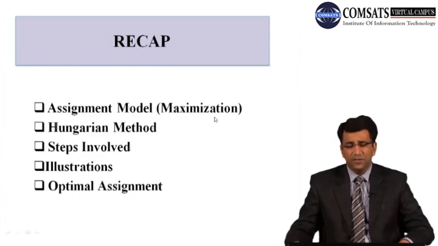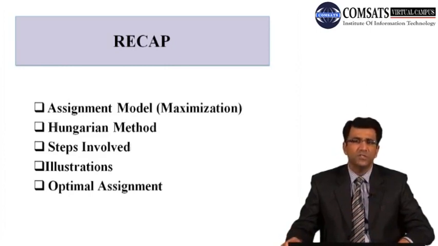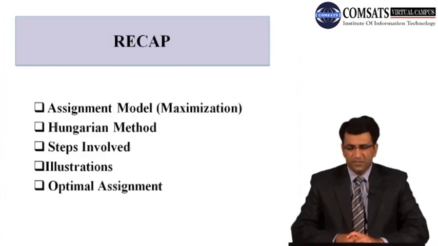Another very important thing, class: up till now we have solved different questions related to minimization as well as maximization, in which either we are interested in maximizing the profit by assigning different jobs to different machines, or in minimization of cost by assigning different jobs to different machines or persons.